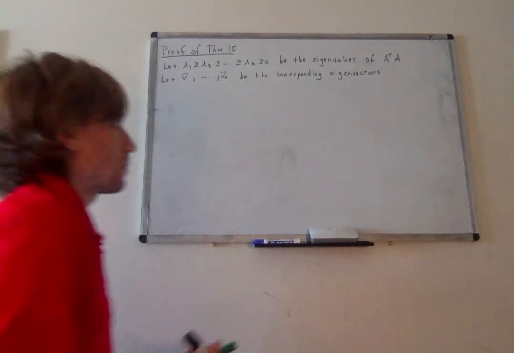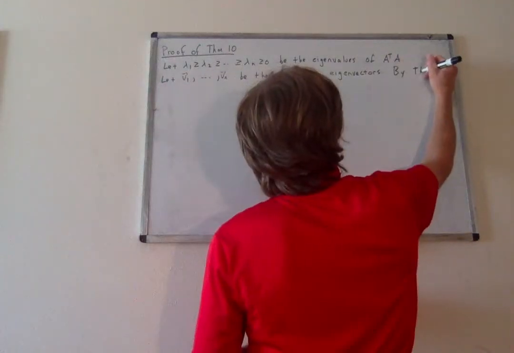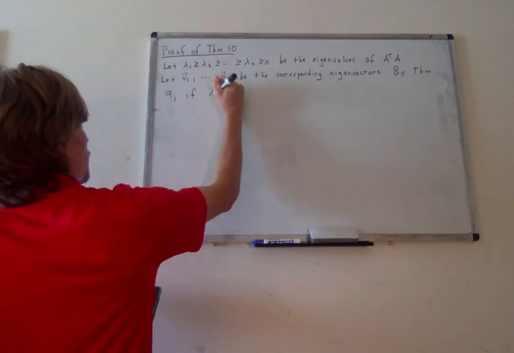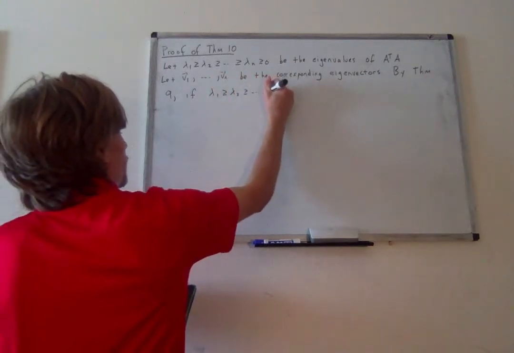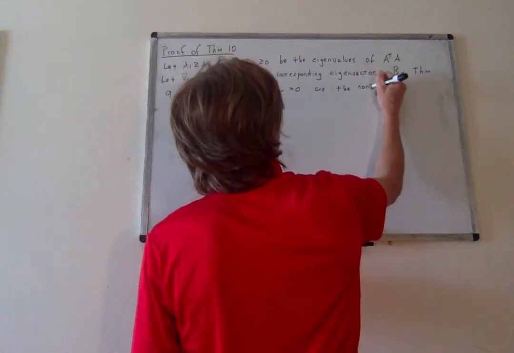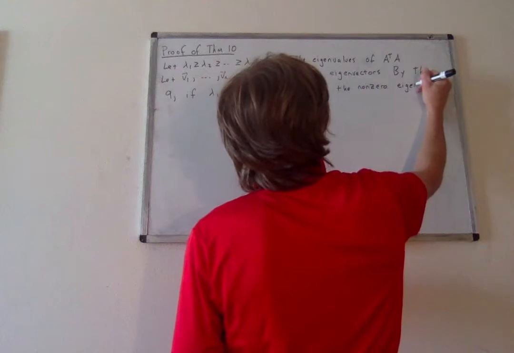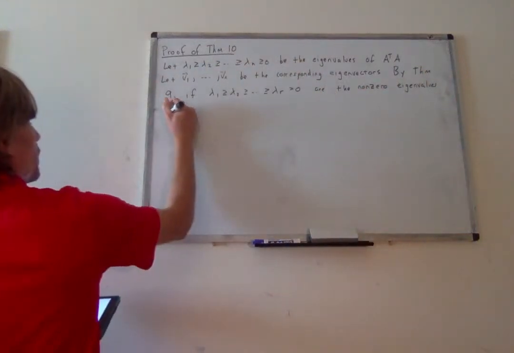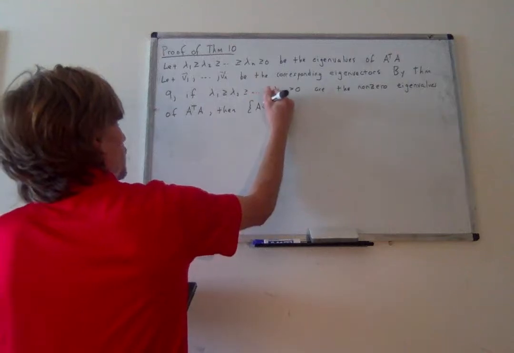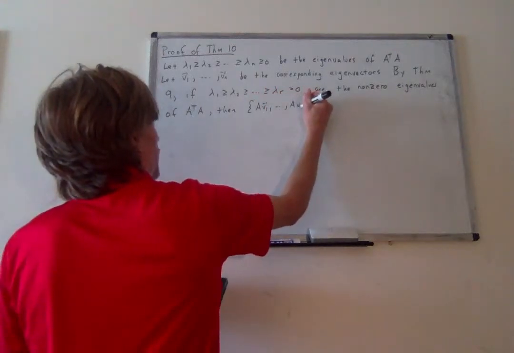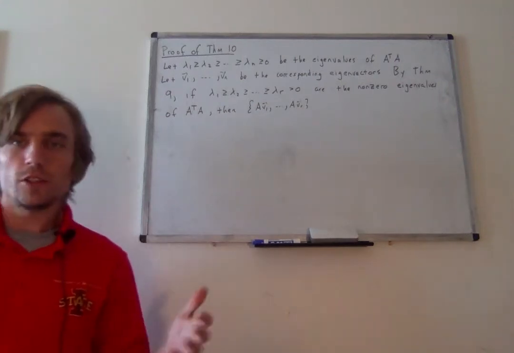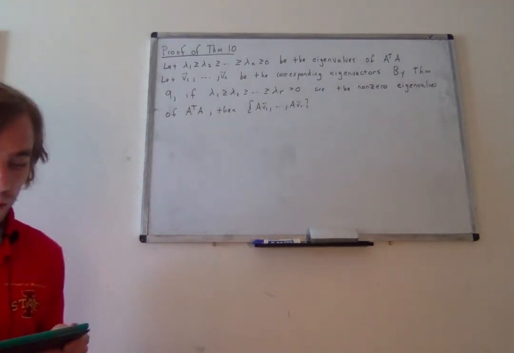So this is where we need to apply theorem 9. If we look at the non-zero eigenvalues of A transpose A, and remember, since the singular values are the square roots of the eigenvalues, we'll have the same number of non-zero singular values and eigenvalues, and the orders of this will match up exactly like we want.